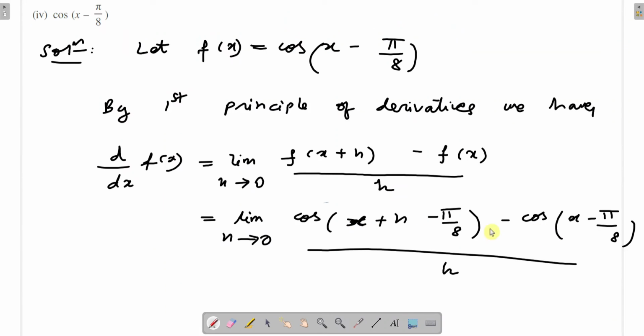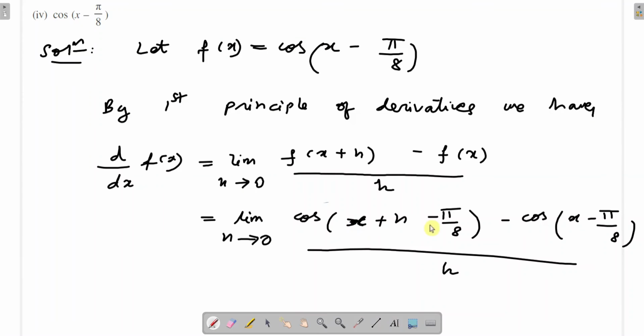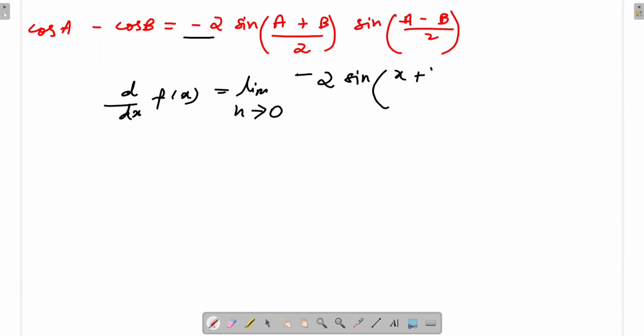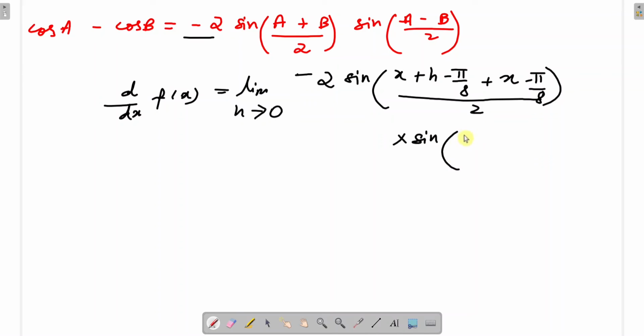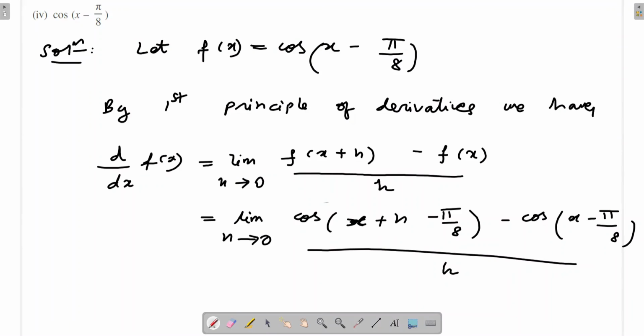So this is cos a minus cos b, so it will be minus 2 times sine of (a plus b) divided by 2, so (x plus h minus pi by 8 plus x minus pi by 8) divided by 2, and multiplied by sine of (a minus b) divided by 2, so that will be (x plus h minus pi by 8 minus x plus pi by 8), and this is divided by 2, and so this whole divided by h.